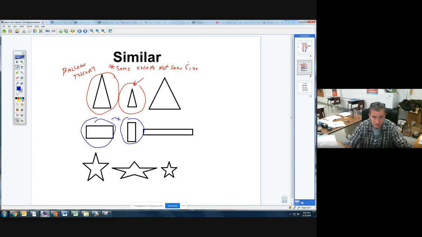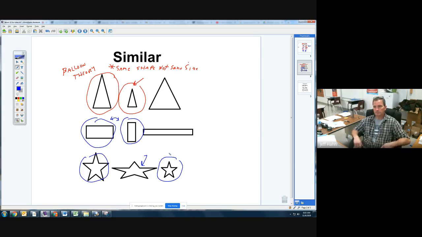So these two are similar, and they're not similar to this. The stars, which two would be similar? This one is similar to this one. If this was a balloon and I blew it up, this one seems a little squatty and out of proportion compared to the other two. So that, fifth graders, is basically what it means to be similar.